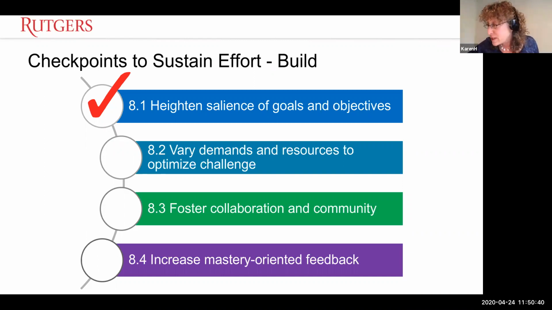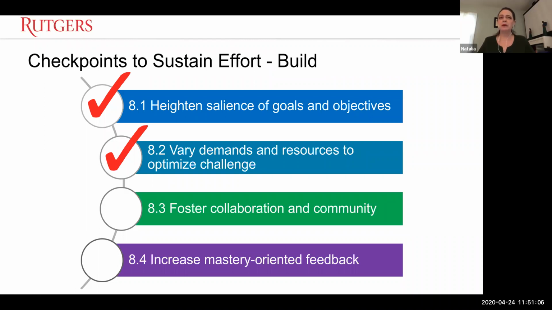For those learners, it's important to build in periodic reminders of both the goal and its value. So consider displaying the goal in multiple ways, and perhaps also taking those long-term goals and breaking them into short-term, perhaps module or unit level objectives. Vary demands and resources to optimize challenge.